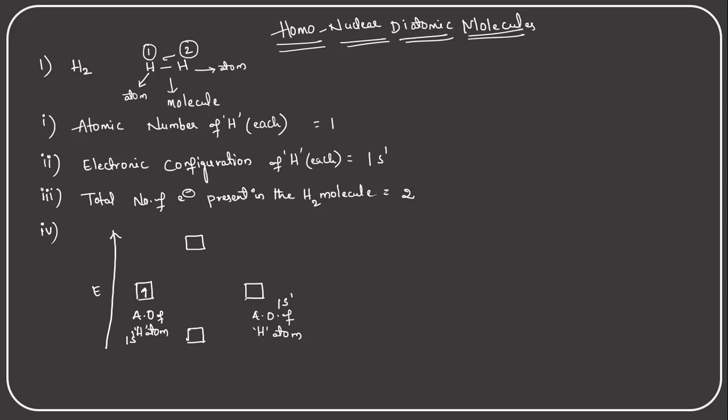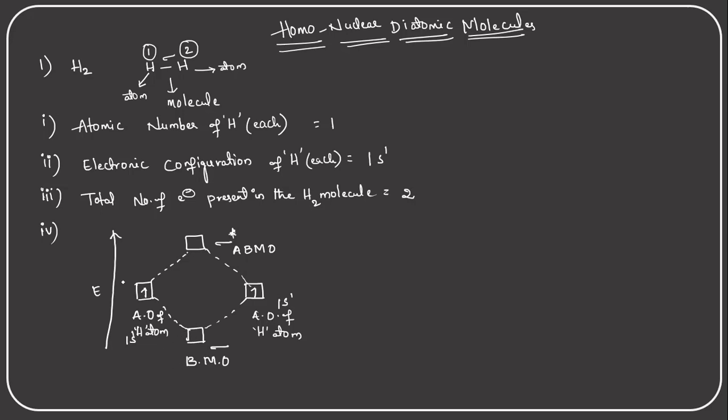That means in this s orbital there is one electron present in each hydrogen atom, and when they merge together, they form an equal number of molecular orbitals. The lower energy level is the bonding molecular orbital, which is represented with sigma, and the higher energy level is represented with sigma star, which is the anti-bonding molecular orbital.